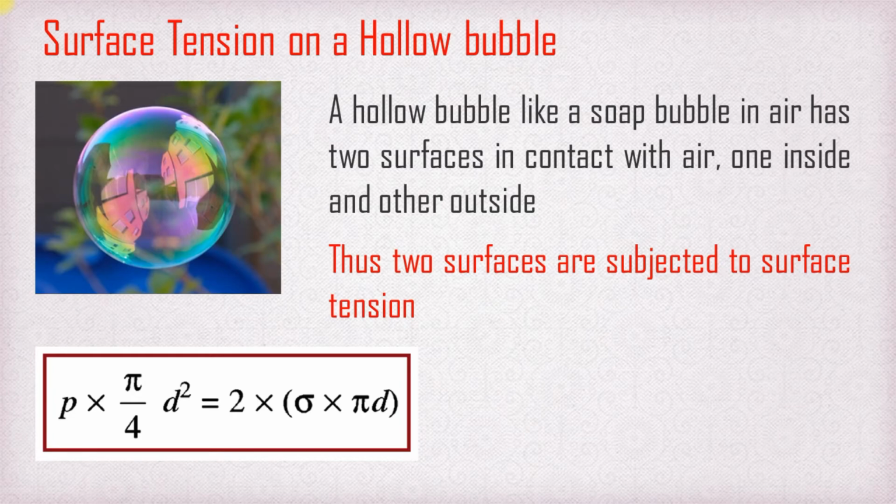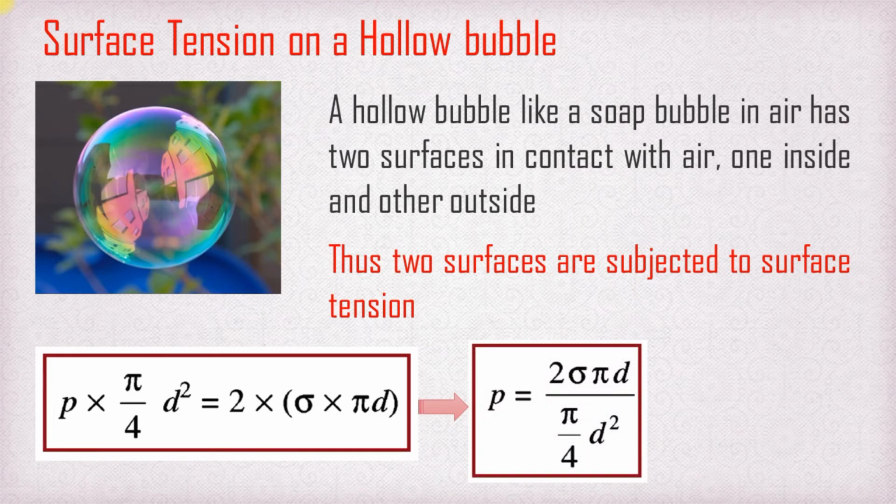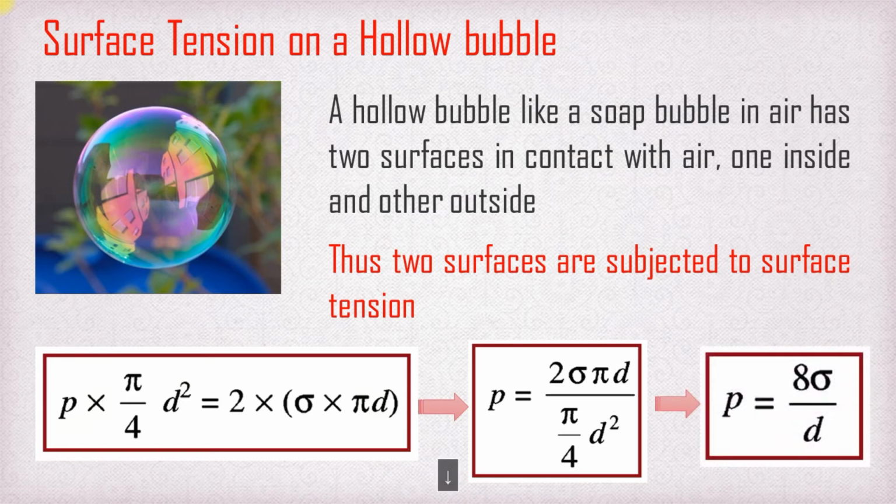So the pressure force equals P into pi by 4 d square, which acts on area pi by 4 d square, and since two surfaces are in contact with the air, the surface tension force is 2 into sigma into pi d. So the simplified equation is pressure equals 2 sigma pi d upon pi by 4 d square. Further simplified, pressure equals 8 sigma upon d, and this equation is for a hollow bubble.